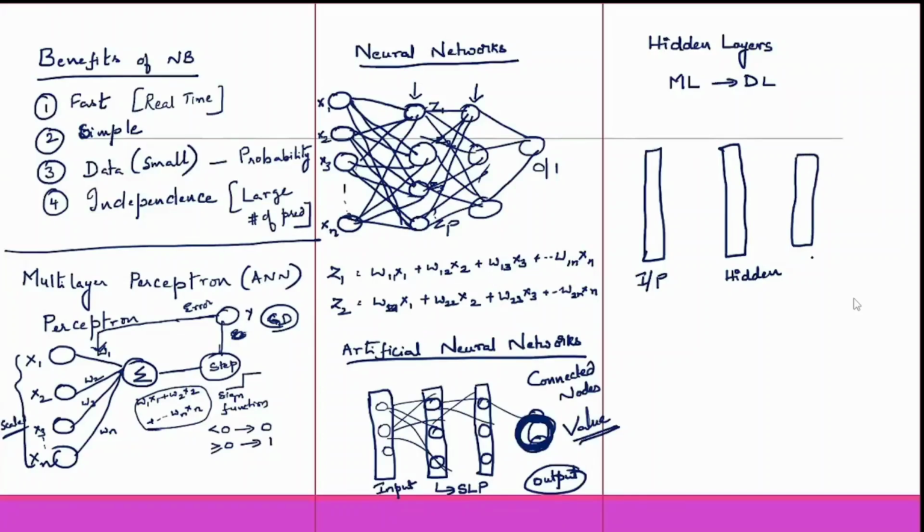But when you are going with a multi-layered one, you will typically get more hidden layers, and more nodes in each hidden layer, which means data is passing from this layer to these layers and finally linking with the output.